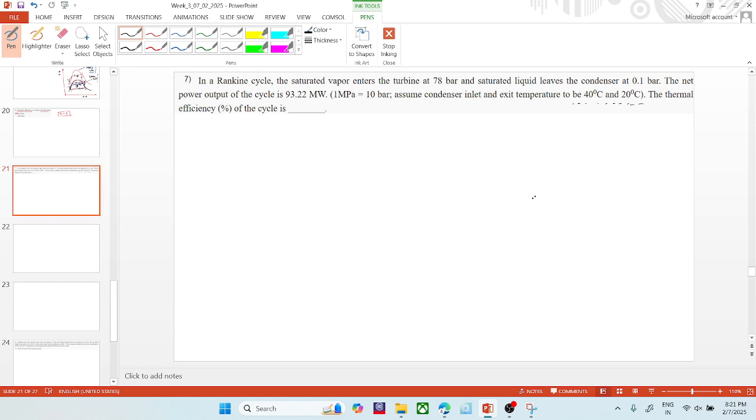So first let me make the cycle. It is mentioned here that the saturated vapor is entering the turbine. So the cycle would be like this. Point one would be somewhere here because the saturated vapor is entering the turbine.